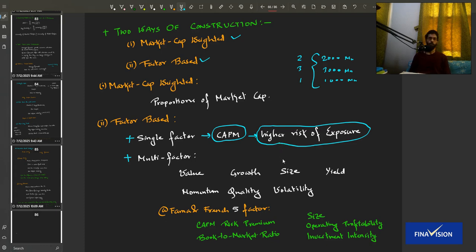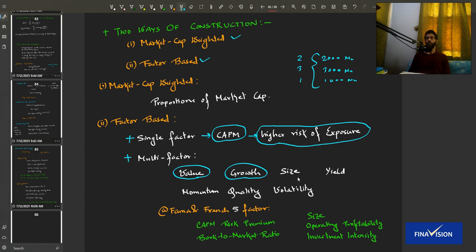Now, an alternate for this factor-based strategy is the multi-factor-based strategy. So what do we mean by a multi-factor-based strategy? So multi-factor means it is not only taking into account the market risk, it is also taking into account the valuation. It is also taking into account the growth factor.